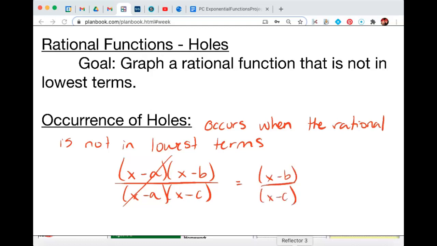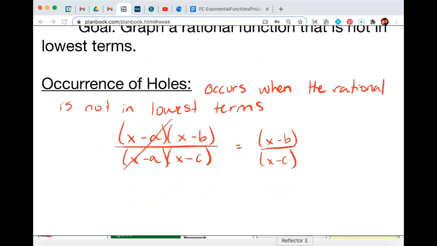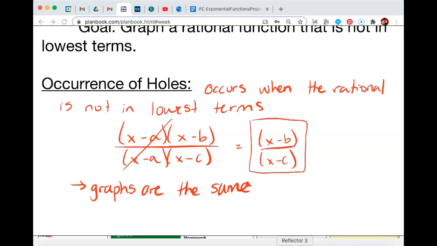So this is the same as (x minus b) over (x minus c). Since they're identical to each other, their graphs will be identical to each other. There's just one little piece. So I'm going to say the graphs are the same. If I was graphing this, I would just graph (x minus b) over (x minus c) because it's reduced. There's less stuff with it.